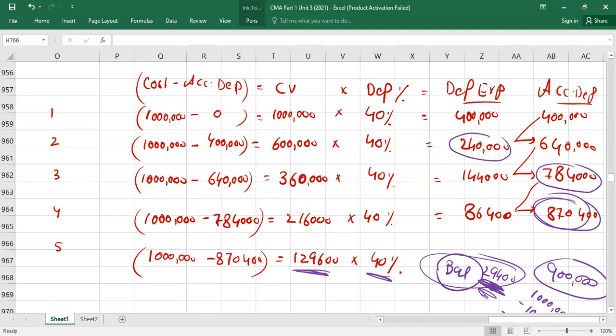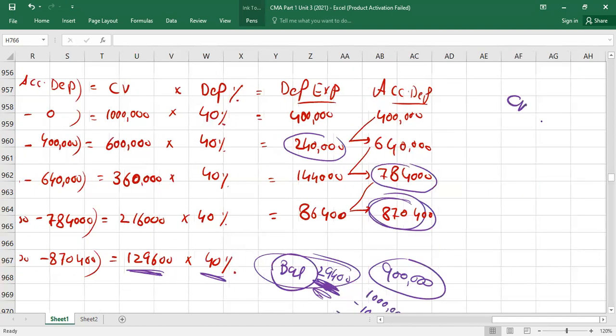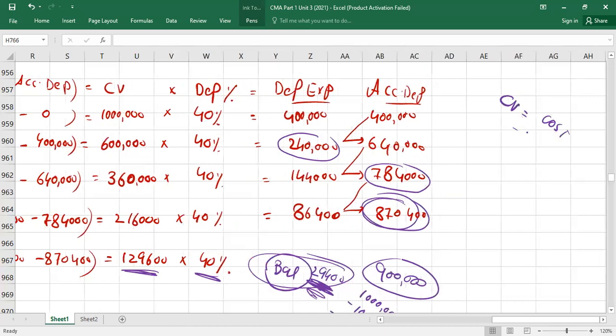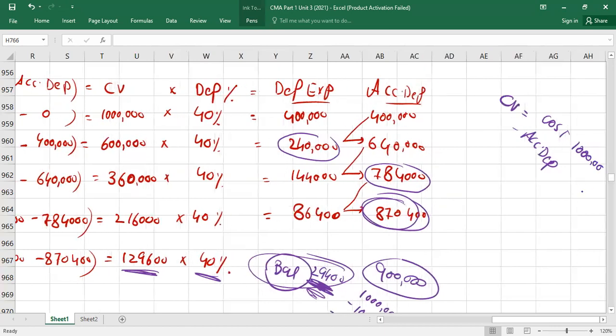If he asks you what is the carrying value at the end of the second year, carrying value is cost minus accumulated depreciation. Cost is 1 million. What is accumulated depreciation at the end of the second year? 640,000. So the carrying value will be 360,000. Right? So this is what he can ask you maximum.